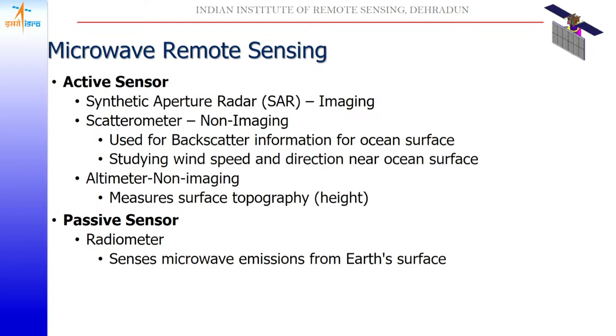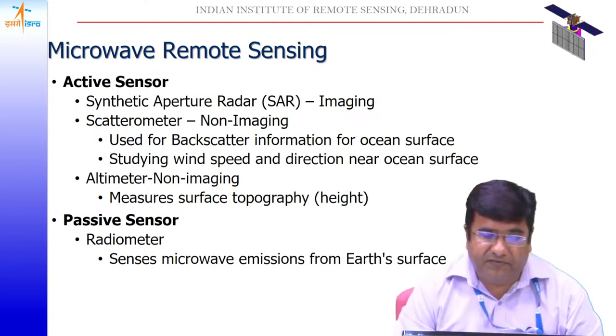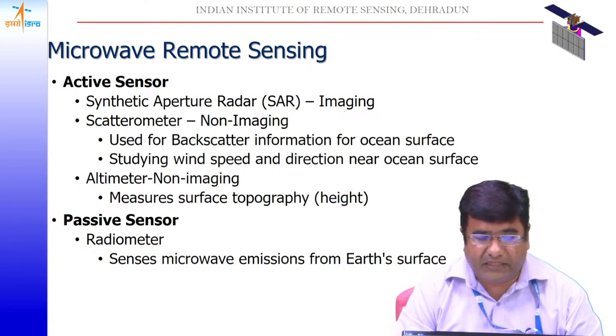Next is the altimeter, which is non-imaging and measures the surface topography and height. Next is the passive sensor, which is mainly a radiometer, which senses the microwave emissions from the earth surface.